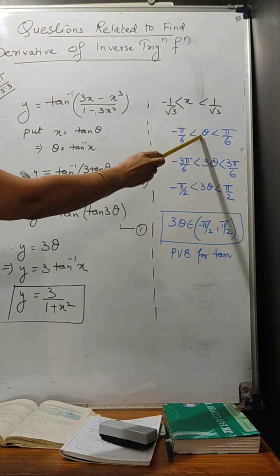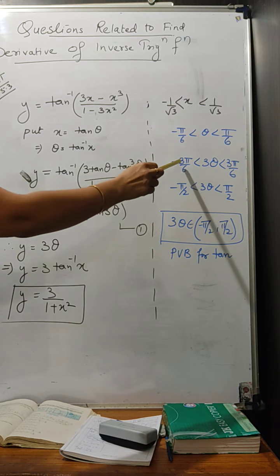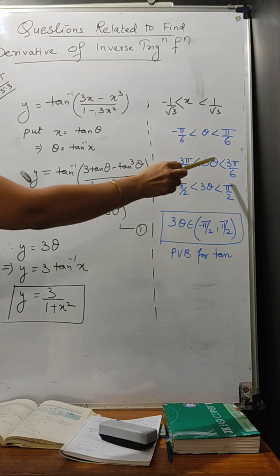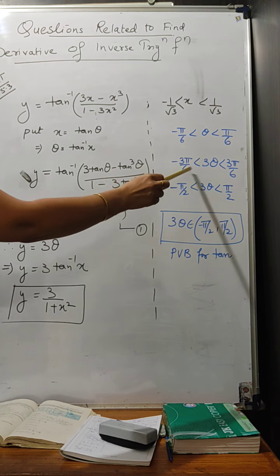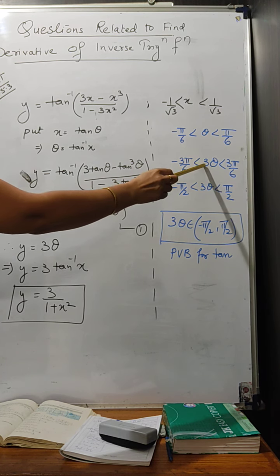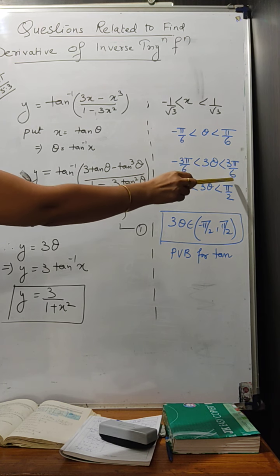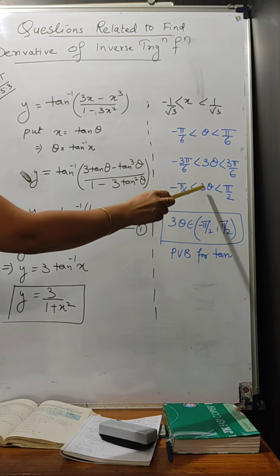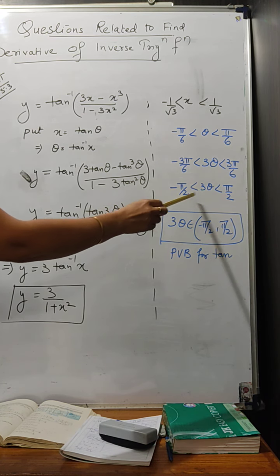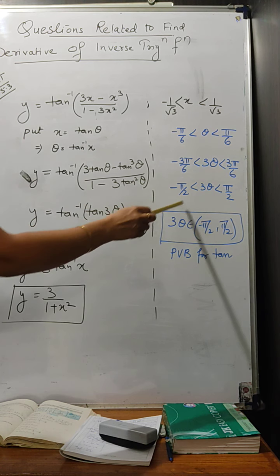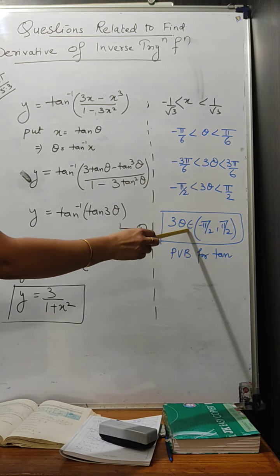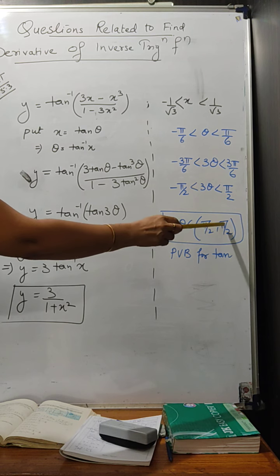So we multiply the complete interval by 3, so it will be minus 3 pi by 6 is less than 3 theta is less than 3 pi by 6, that is 3 theta is greater than minus pi by 2 and less than pi by 2, which can be written as 3 theta belonging to the open interval minus pi by 2 to pi by 2.